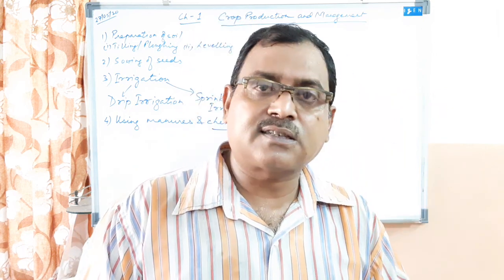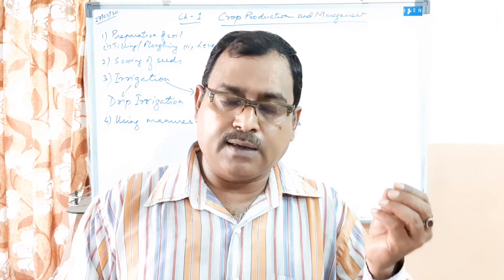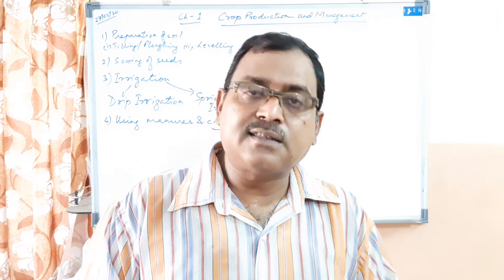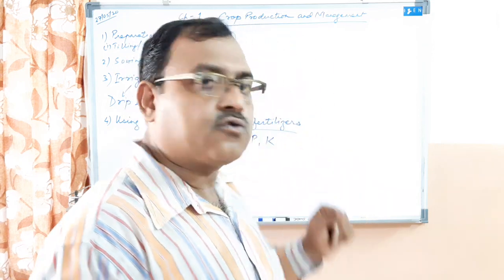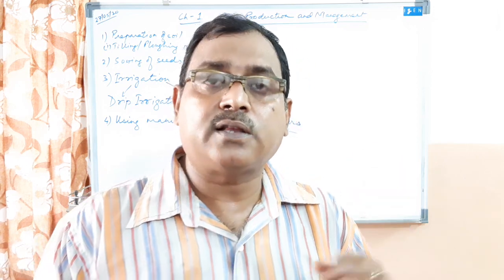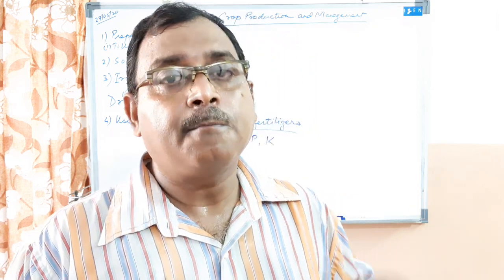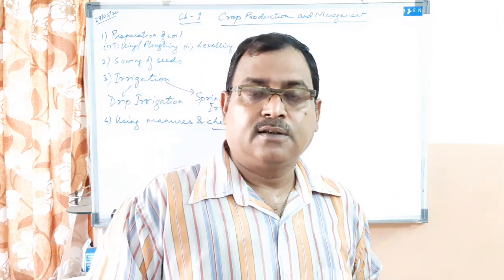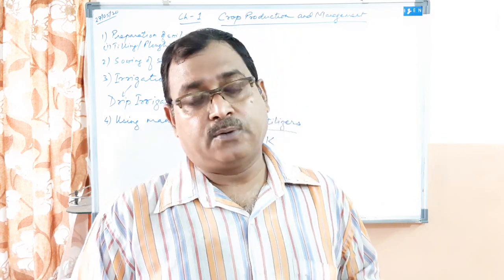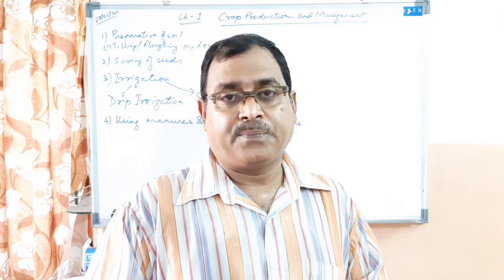If the nutrient nitrogen is less in the soil, then nitrogenous fertilizer will be used. If phosphorus content is less in the soil, then phosphatic fertilizer will be used. If potassium is less in the soil, then potash fertilizer will be used. On the other hand, manure is not so. Manure gives all types of nutrients together.